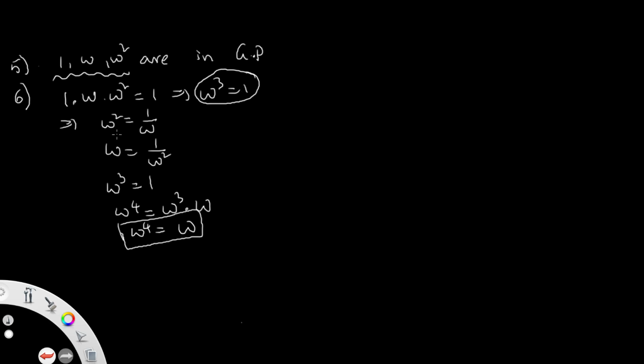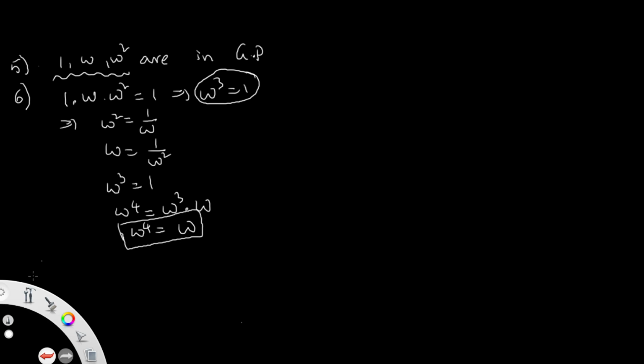Omega square we can write as 1 by omega, the reciprocal. So omega square is the reciprocal of omega, and omega is the reciprocal of omega square. Now go to omega power 4. Omega power 4 is nothing but omega cube into omega. Omega cube is 1. Simplified, 1 into omega is omega.